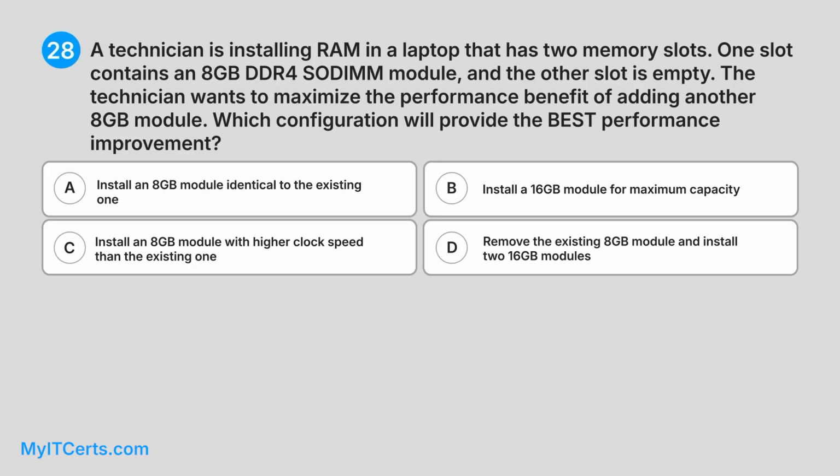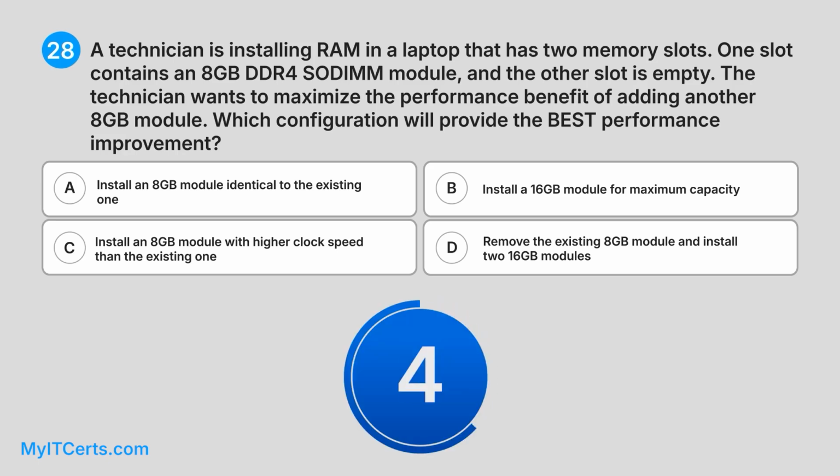B. Install a 16 GB module for maximum capacity. C. Install an 8 GB module with higher clock speed than the existing one. D. Remove the existing 8 GB module and install two 16 GB modules. What do you think is the answer?